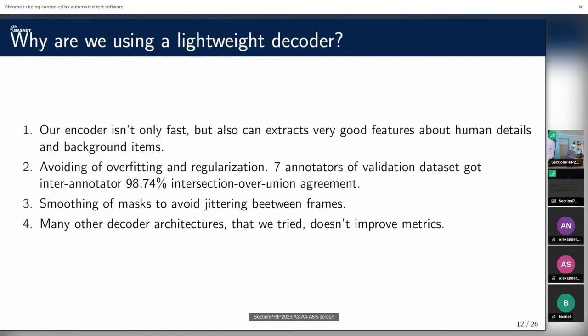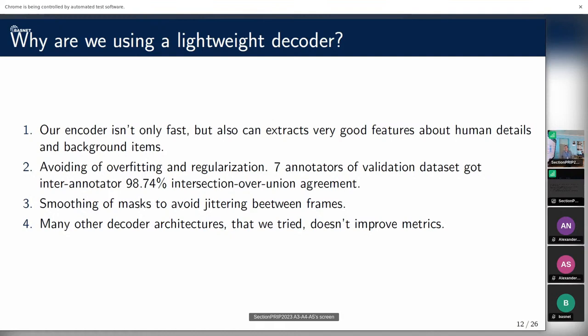I think that the wavelet decoder really works for this problem, because it helps avoid overfitting, and maybe it's regularization too.